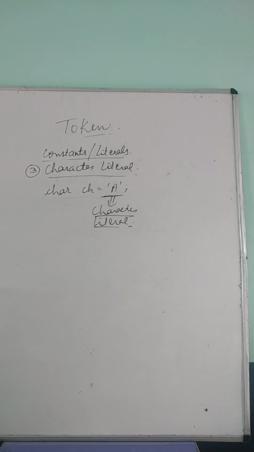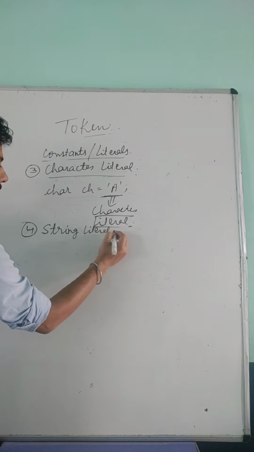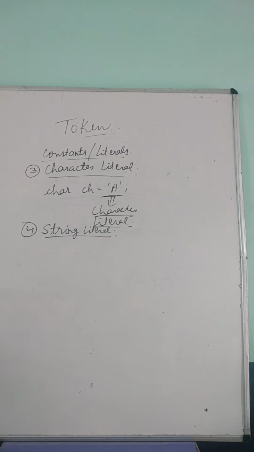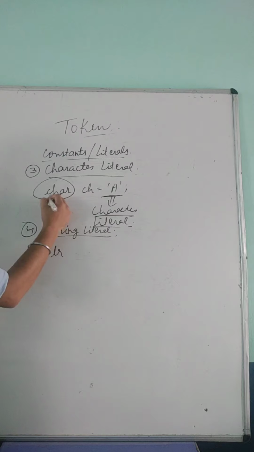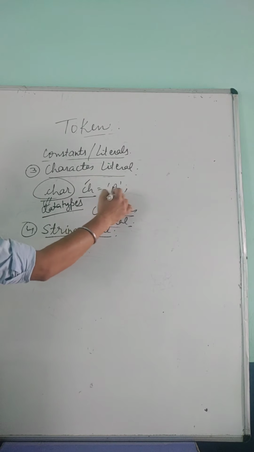Now the fourth one is our string literal. What is the string literal? These are called the data types, we will discuss them afterwards. This is a variable, and this is our literal.